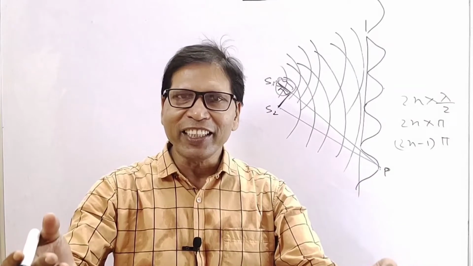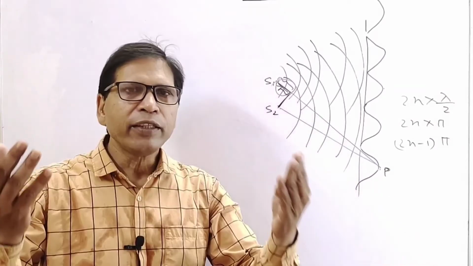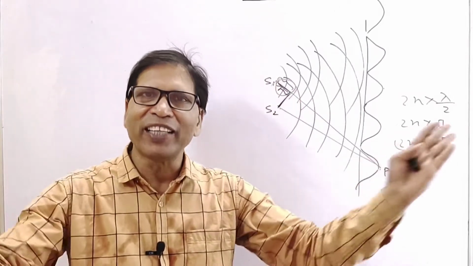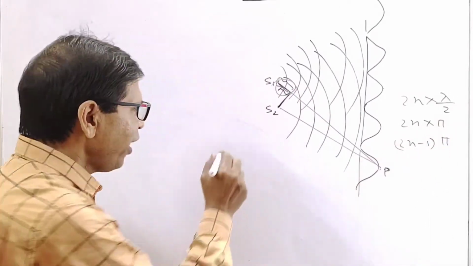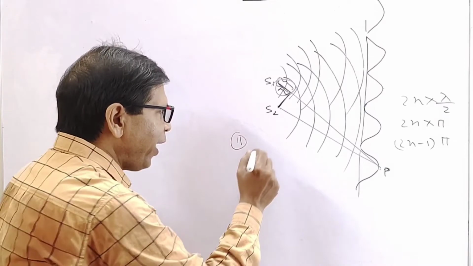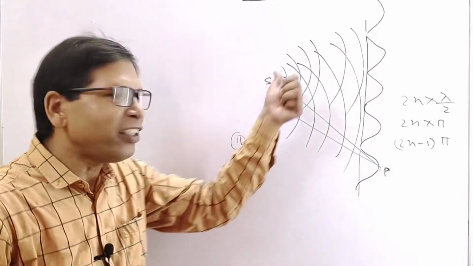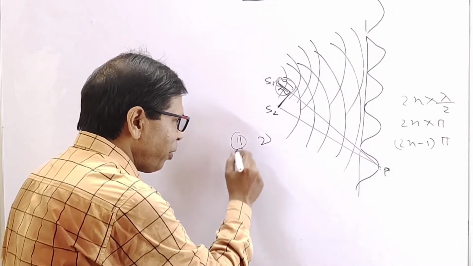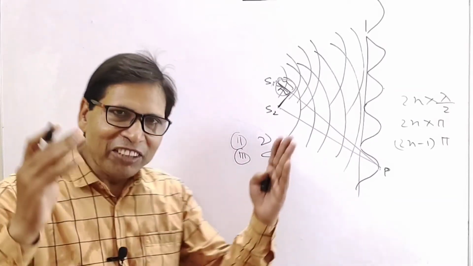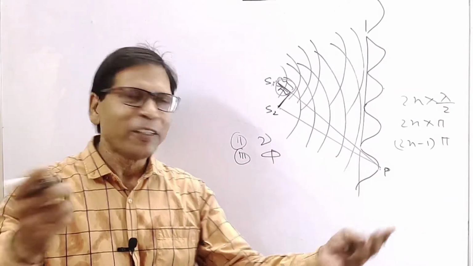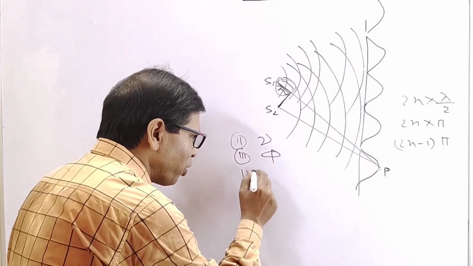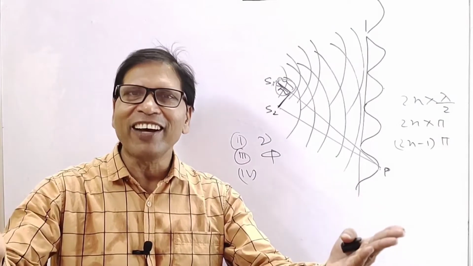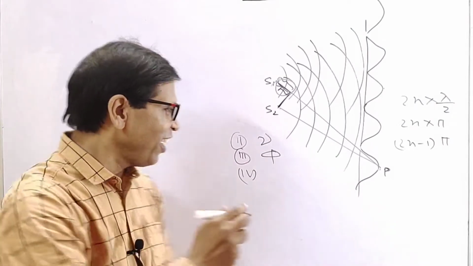What are the conditions of sustained interference? Number 1, the two sources send out light waves continuously. Number 2, they must have same frequency. Number 3, they must have constant phase difference. Number 4, they must have equal or almost equal amplitude.